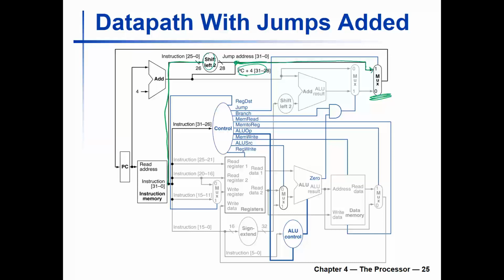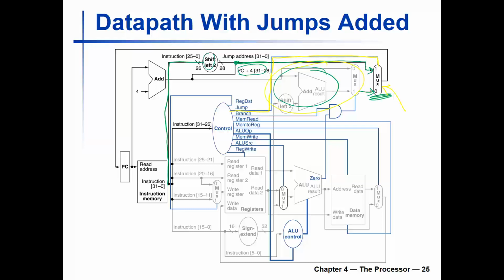And here I either select whatever I computed earlier in terms of PC, or I select the jump address, and I need a control signal here which tells me I have a jump instruction. So here we select either what we computed or the address of the jump instruction.